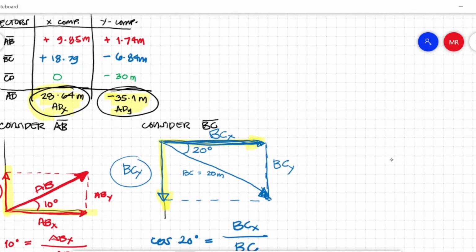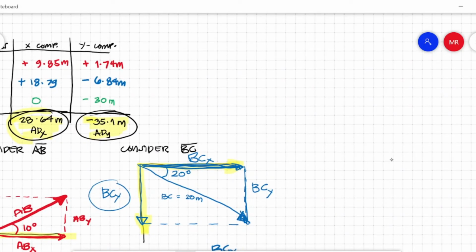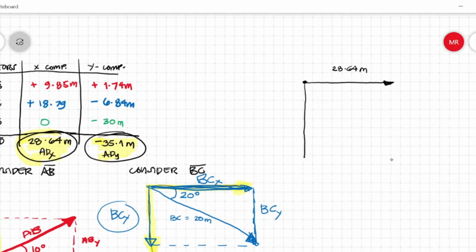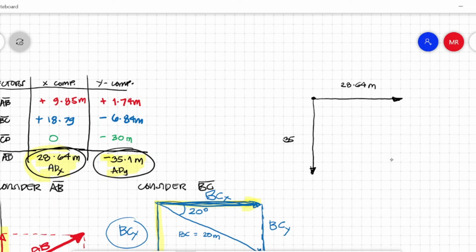So if we will try to figure out, vector AD will look like this: 28.64 meters going right, and 35.1 meters down, or negative.